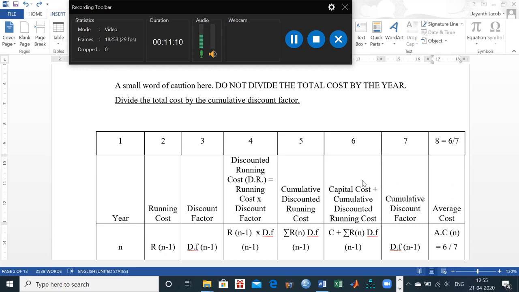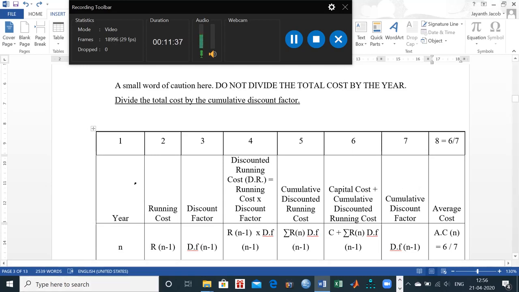The total cost is not divided by the year. So please remember, in problems which are relating to capital items and considering the time value of money, you must divide the total cost by the cumulative discount factor. Please bear this in mind.